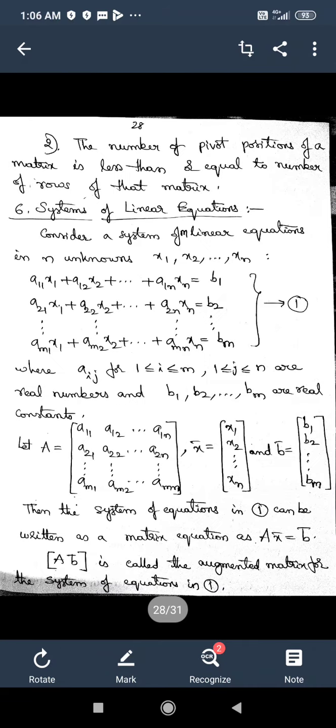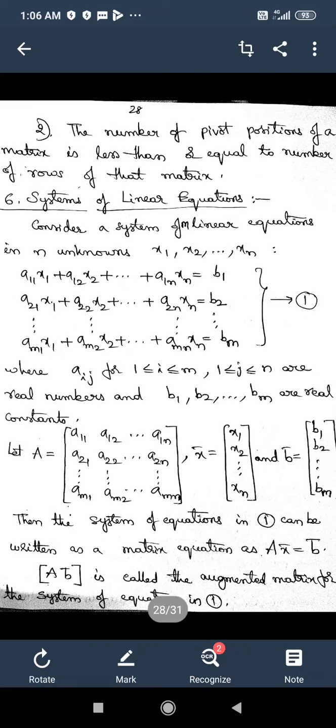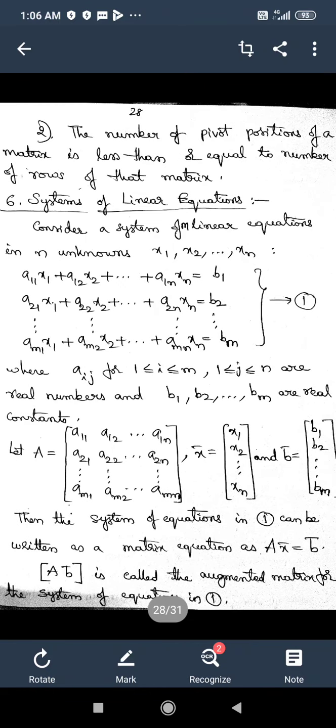Then the whole system of equations given in 1 can be written as a single matrix equation, Ax bar is equal to b bar. This Ax bar equals b bar represents the whole system of equations in equation 1.